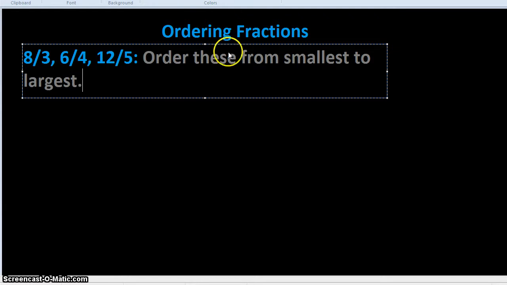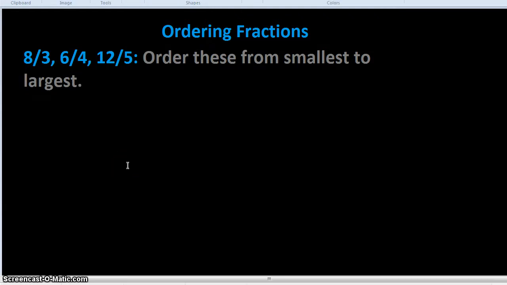Now, the same as when you're adding and subtracting fractions, the way to make fractions a lot easier to use is to put a common denominator underneath them. So here you can't just compare 8 to 6, because one is 8/3 and one is 6/4.